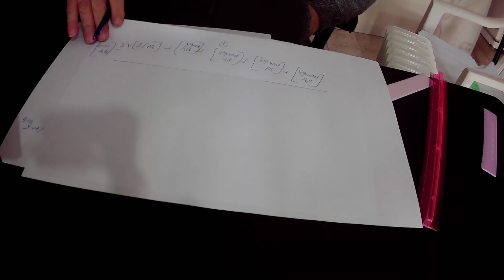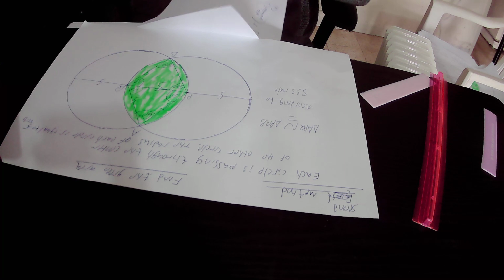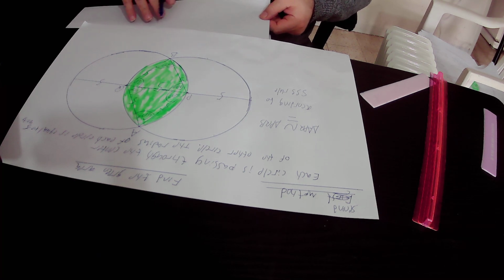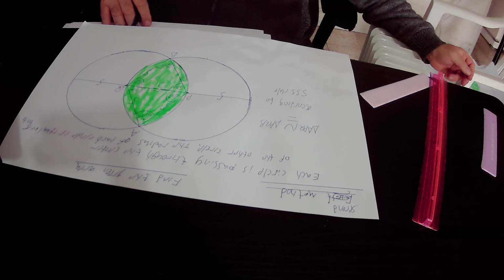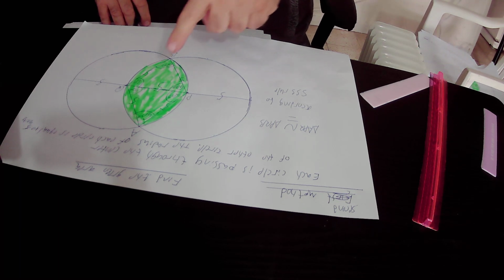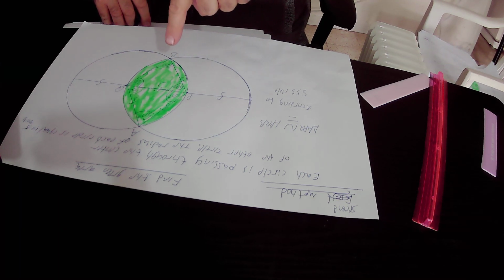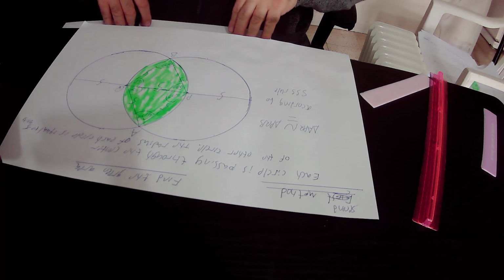Okay? And we know that triangle APQ is congruent to triangle PQB, therefore they also have the same areas.